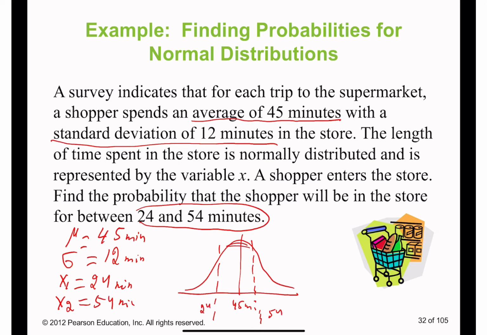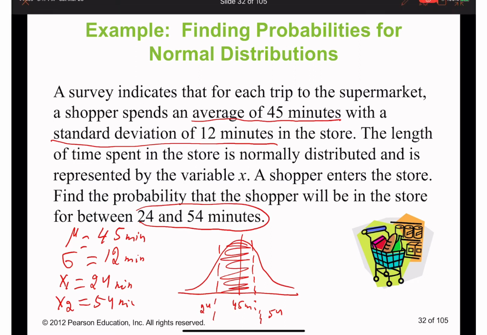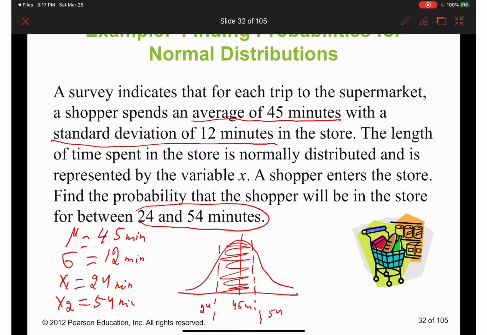So to find this area, I need to find the probability of x less than or equal to 24, which will be this area, and then find the probability for x less than or equal to 54, which would be all this area, all the way to the end.